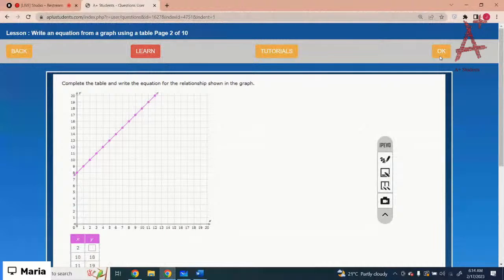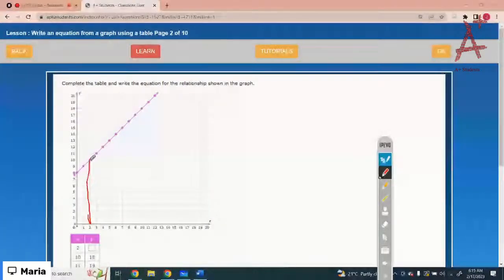So let's just find the missing value. When x is 2, you have to look for the value. So here you have x is 2. Just match it to the line and graph, and okay, when x is 2, y is 10. Got it? You have to find the relationship between the x and y values.